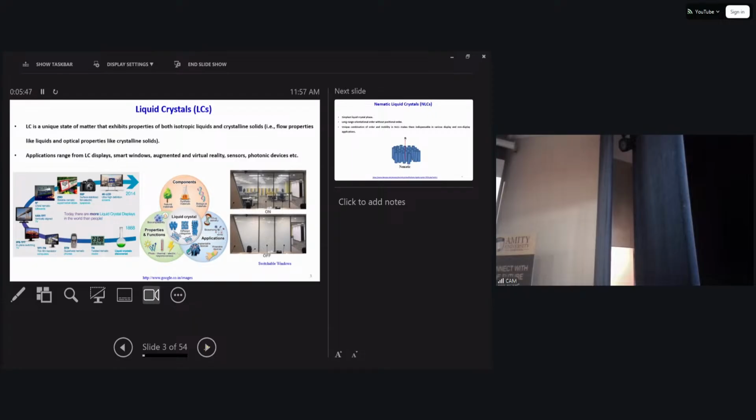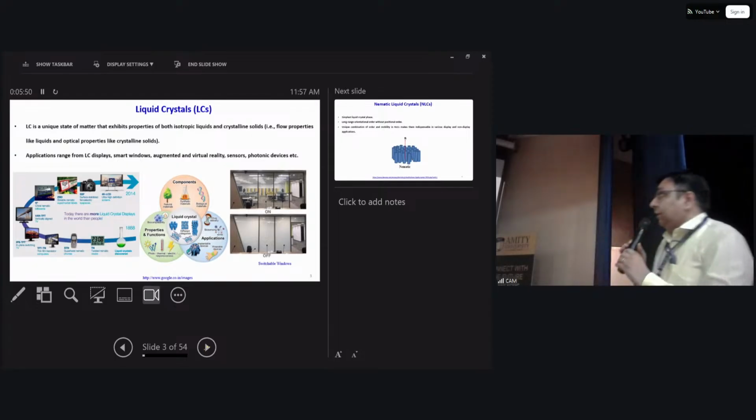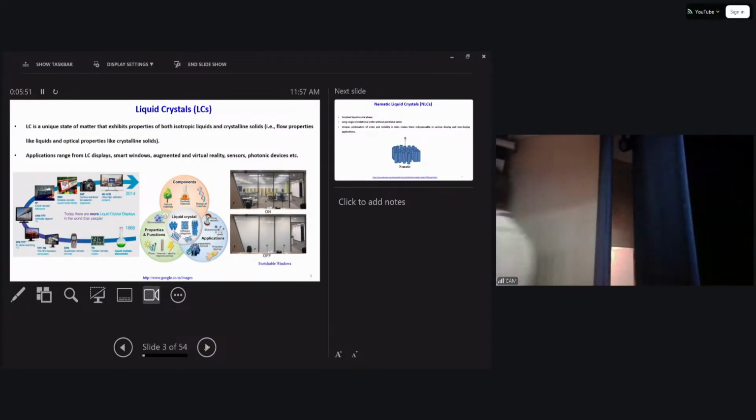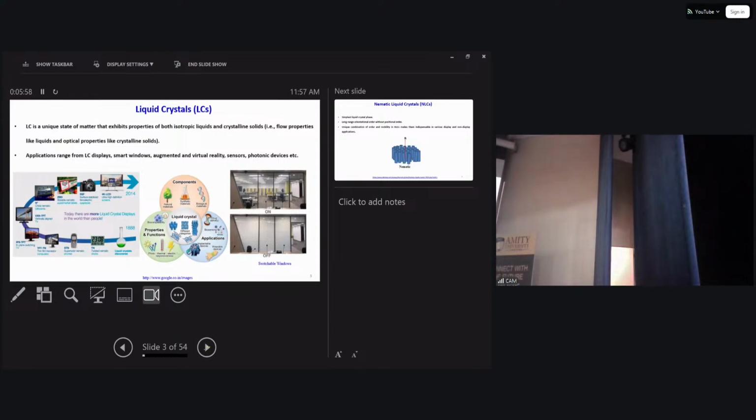Here we can see on the screen the history of how things have been developed; it started from 1888 and so on. On the right panel, I can show you one of the recent applications of these components. This is called switchable windows. It's very useful because when you are sitting in your office and you have transparent windows, you don't need to go and draw the curtain.